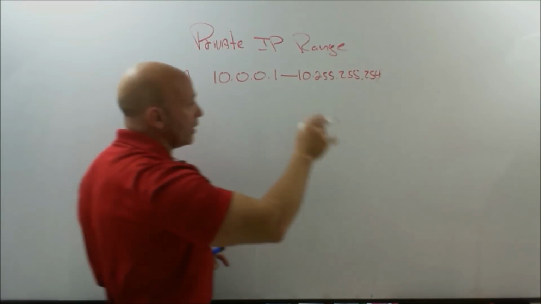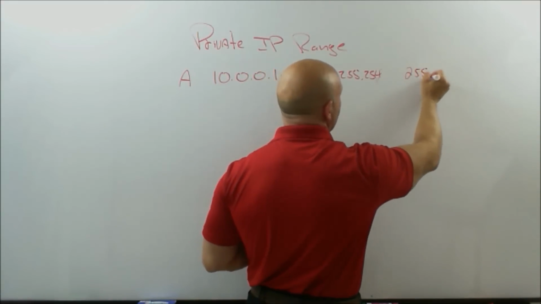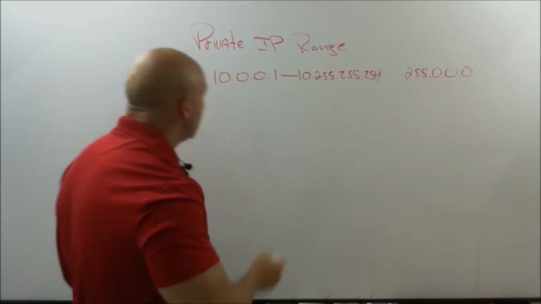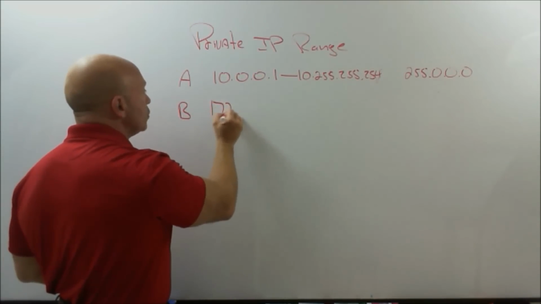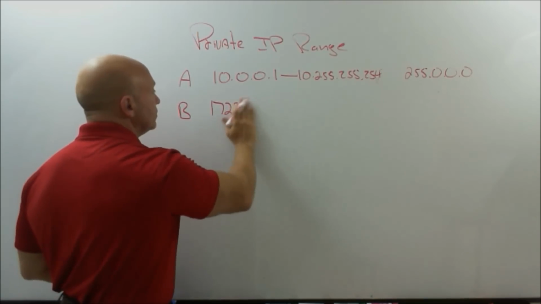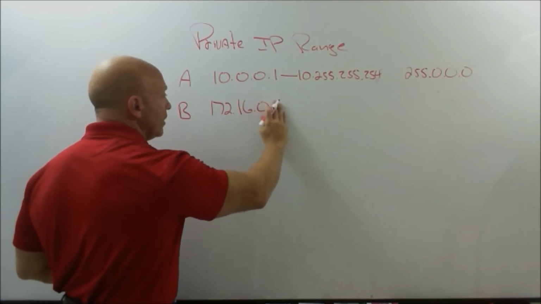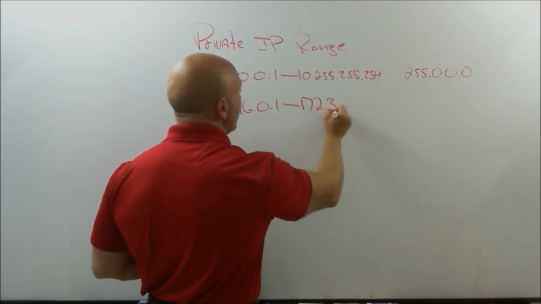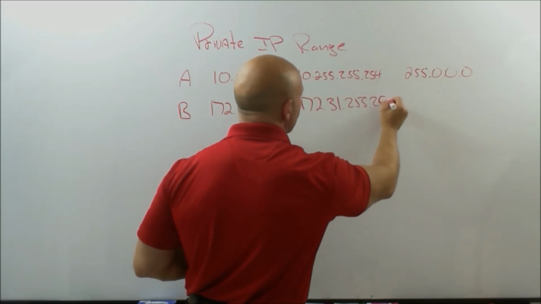Class B, and of course, the default mask of 255.255.0.0. Okay? Now, Class B, 172.16.0.1 through 172.31.255.254.